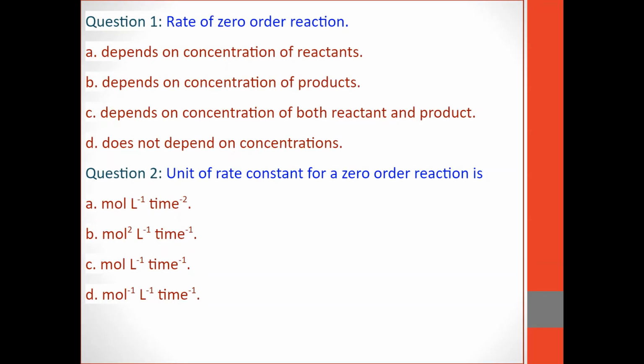From this you can test your knowledge by solving MCQs related to this topic, such as: what is the rate of a zero order reaction, then the unit of the rate constant for a zero order reaction. So what is the unit? Already I have explained that: mole per liter per time.